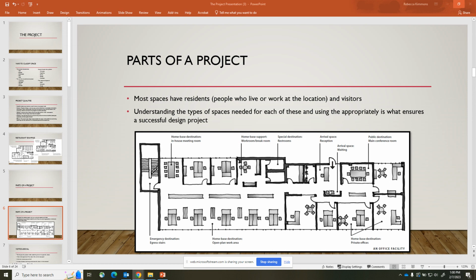So you want to make sure that people that are in a space, the residents, is it a space that's only for residents? So the visitors can never go there, or they can only come in by invitation. Like this office right here, if he had a meeting with someone, they can only come in once they're invited into the space. The main conference room, where they know they're going to be having a lot of visitors, is right off of the reception space because it's a public area.